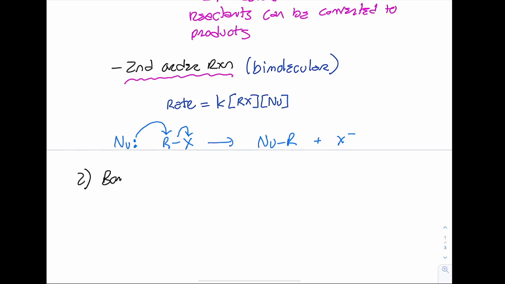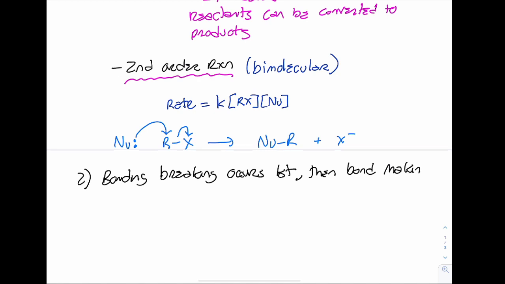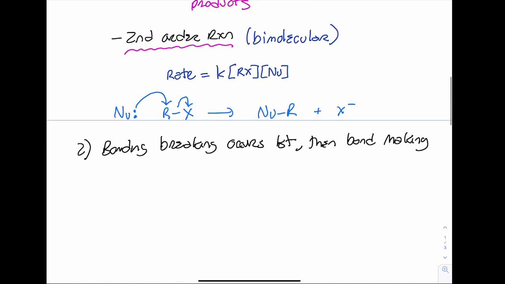So bond breaking occurs first, then bond making. So this is going to be a two-step mechanism. We're going to break the bond and then form the new bond in separate steps. So a two-step mechanism.